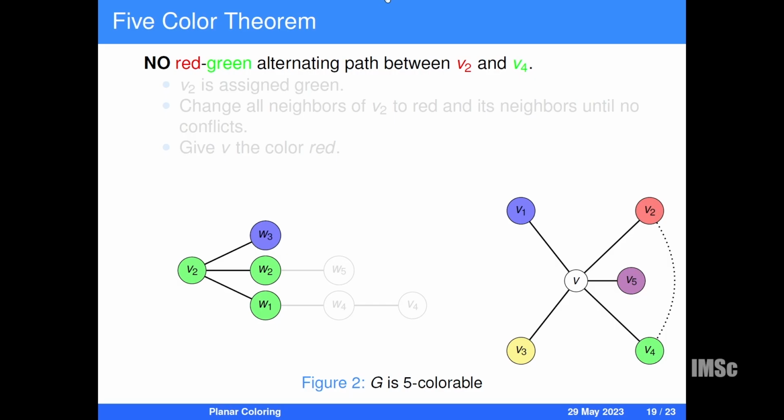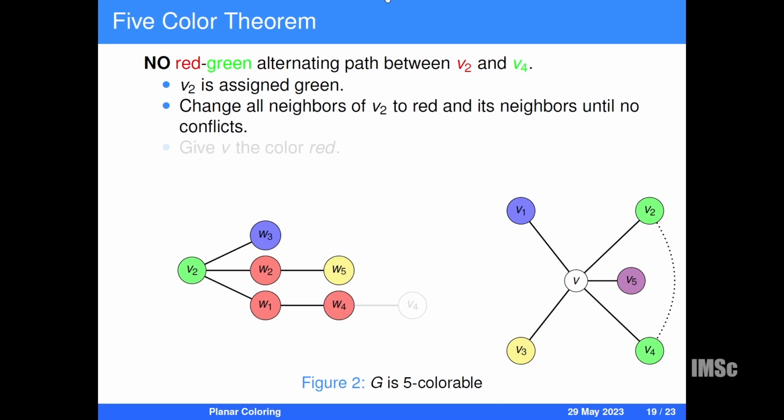So V2 is assigned the color green. Now there are some conflicts, so change the color of these 2 vertices. Keep on doing this. Now there can be some conflicts again, right? So now these two are happy. Now there can be further conflicts, so change W4, give it green. Keep on doing this.